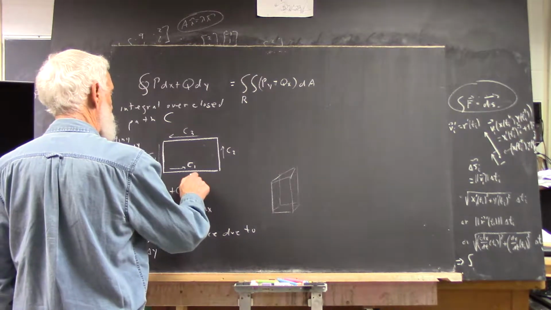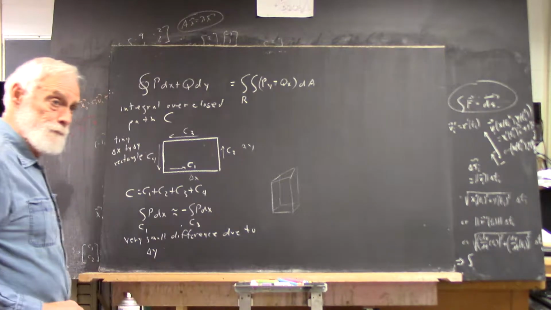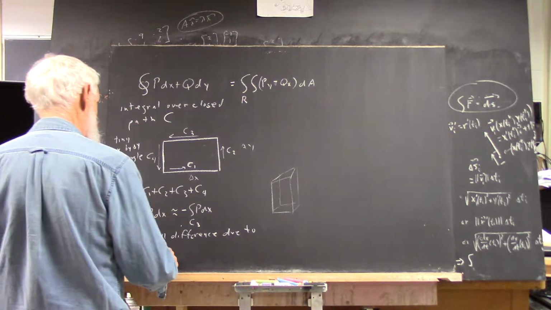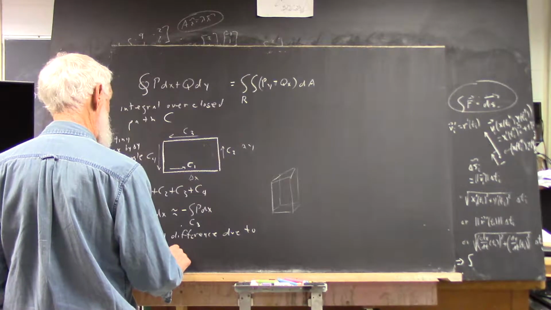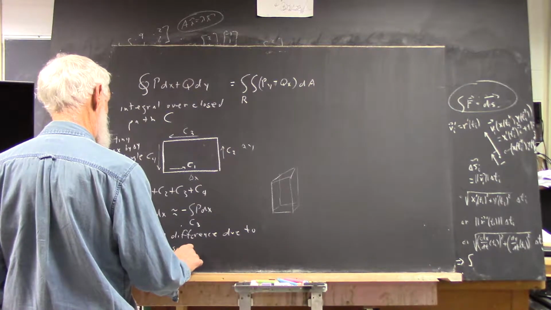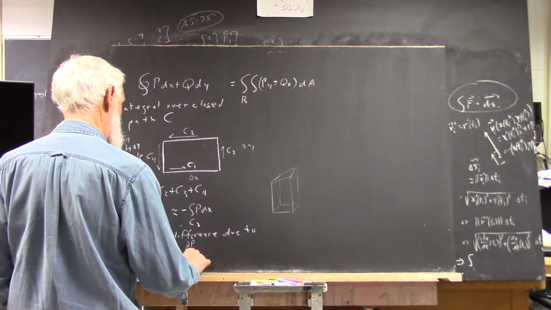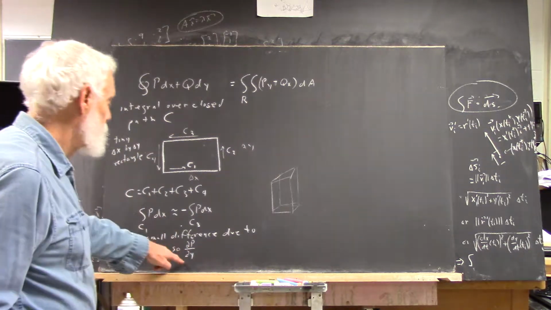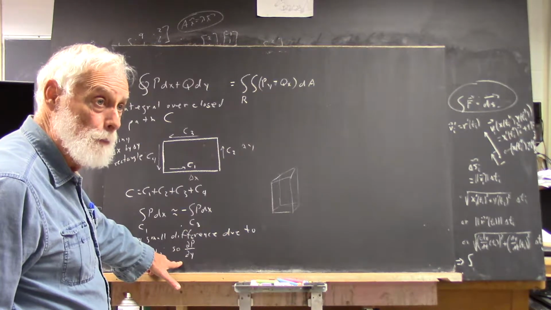Of course, we'll have a delta x down here and a delta y up here, right? Okay. So partial p with respect to y gives you a very good approximation of what that change would be, right?